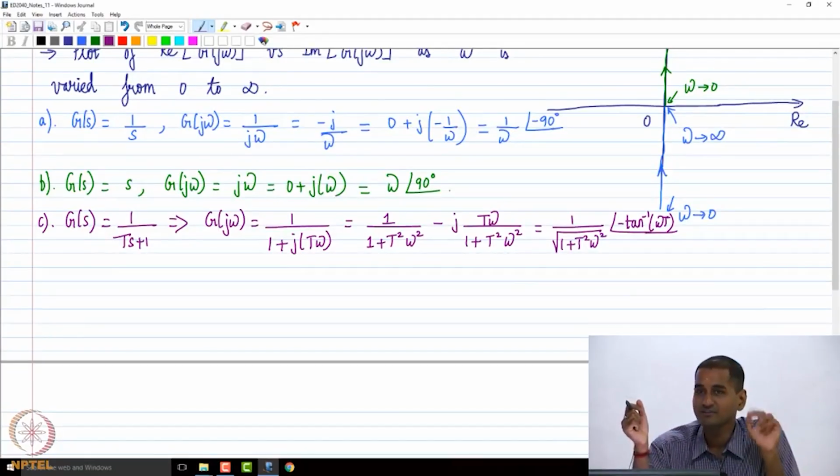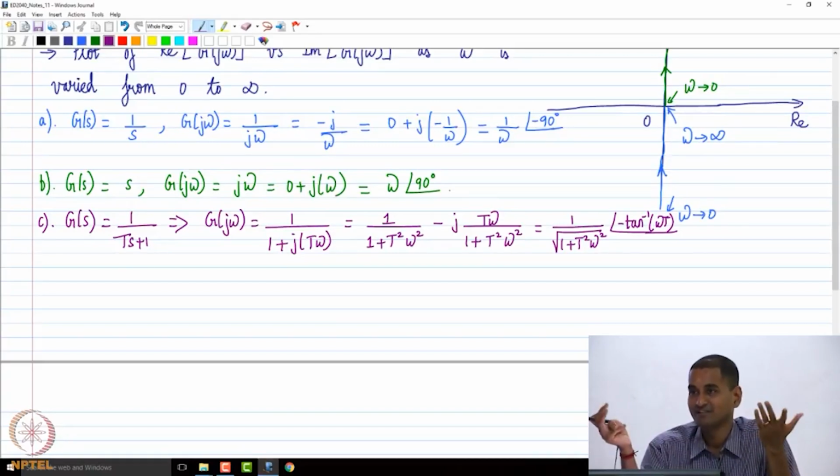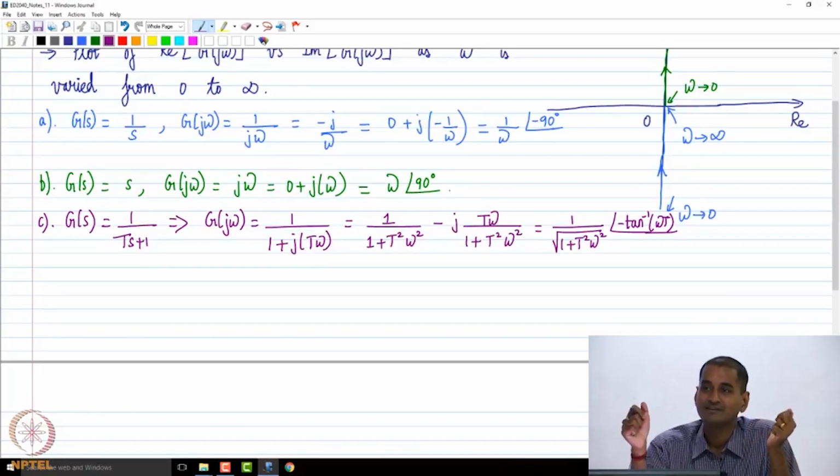So the technique was pretty straightforward, though we need to be careful in plotting the individual factors of the Bode diagram. But in the Nyquist plot, we do not have that luxury. You give me a higher order transfer function, I need to plot it as it is, so it becomes a little bit more challenging to do by hand, okay.